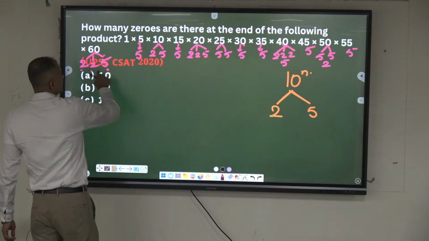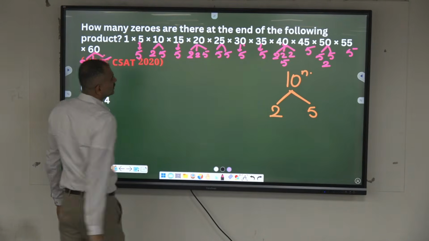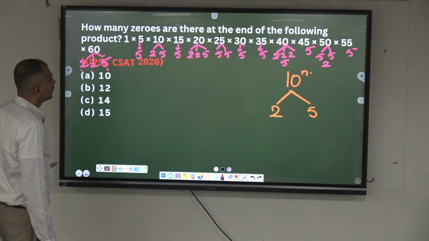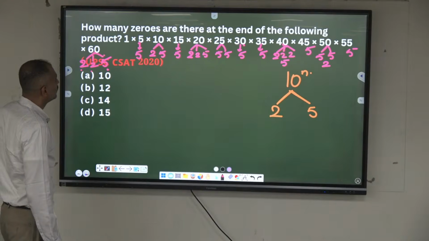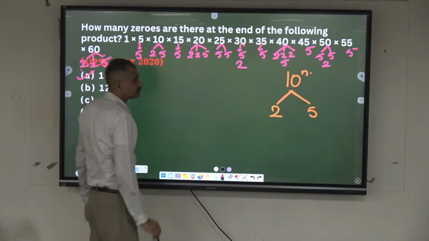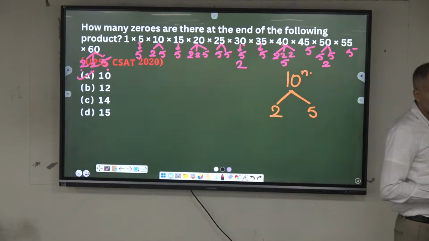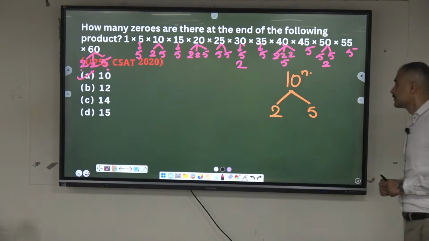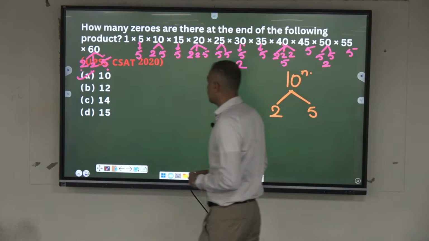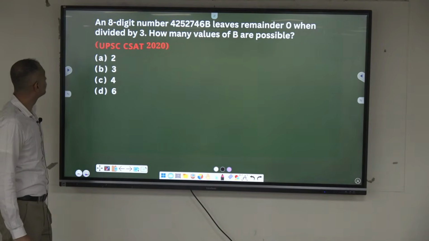Yeah, there is a 2 missing here. Yes, that's right, 10. You guys are familiar with this kind of factorization.